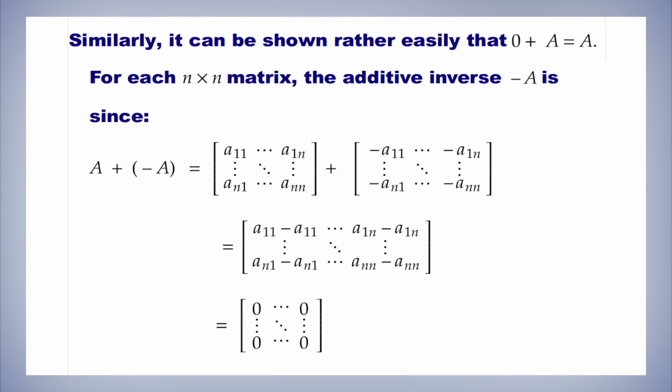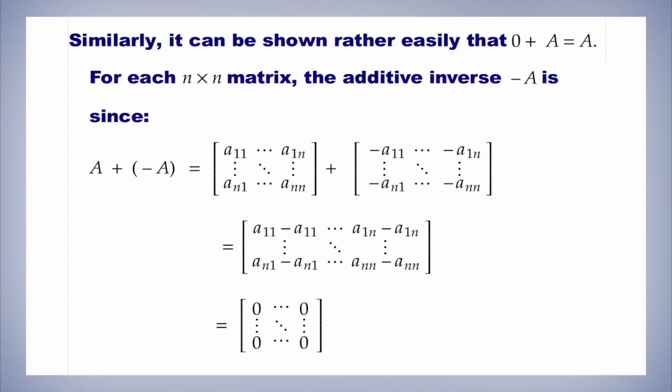Here the matrix is minus A, it will be written as minus A11, minus A12 and so on to minus A1n, like this minus An1, minus An2 and so on to minus Ann. So the result will be A11 minus A11, A12 minus A12 and so on to A1n minus A1n, like this An1 minus An1, An2 minus An2 and so on to Ann minus Ann. So what may the result be? You are right, it is 0, 0, 0.